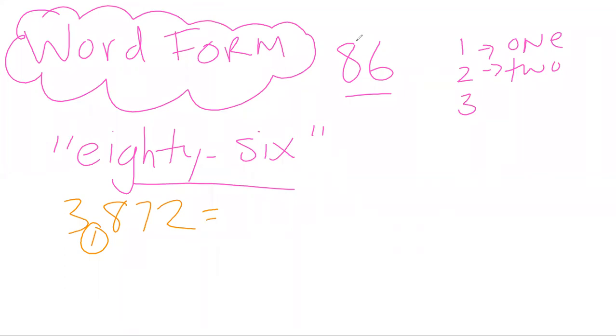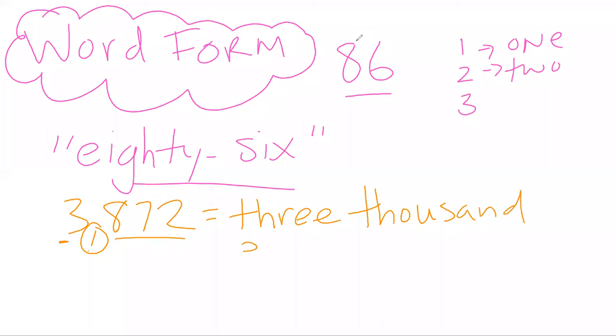So if I read this as 3, and then the comma tells me that period, thousand, 3,000. And then I just look at the rest, 872. So I'm going to write that out.